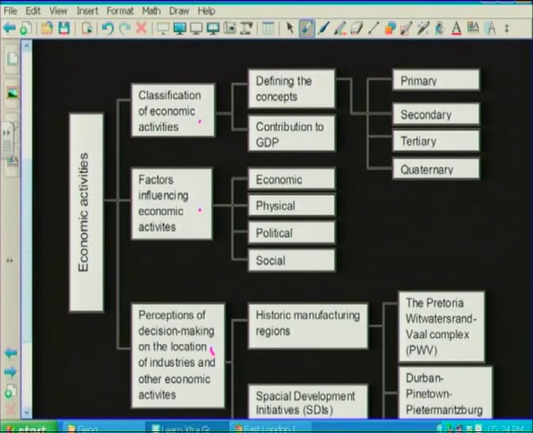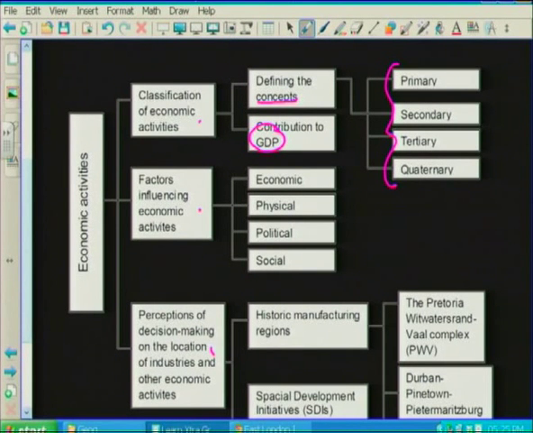First of all, we can classify the economy according to various things. So we're going to define the concepts, things like GDP or gross domestic product, and then, like I said earlier, we're going to look at the primary, secondary and tertiary as well as quaternary activities which make up the economy, and also look at concepts there related to the money and how our country makes money, etc.